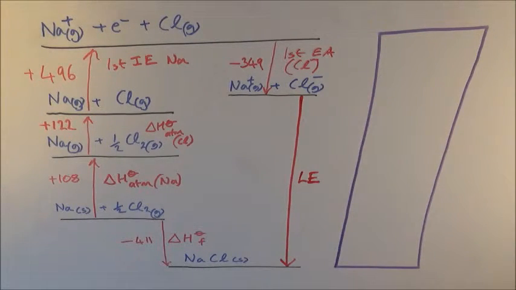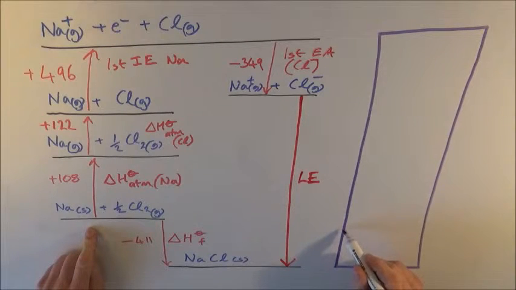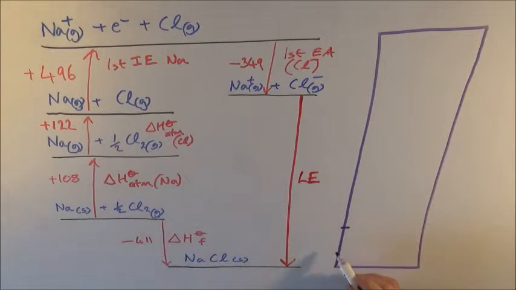So all we do is tot up the bits that we know from here. Going from here to here, I'm probably not going to get this to scale, but that is 411. I'm not even putting signs on it. You can think of it as 411 meters or 411 footsteps, walking up the side of a football field.